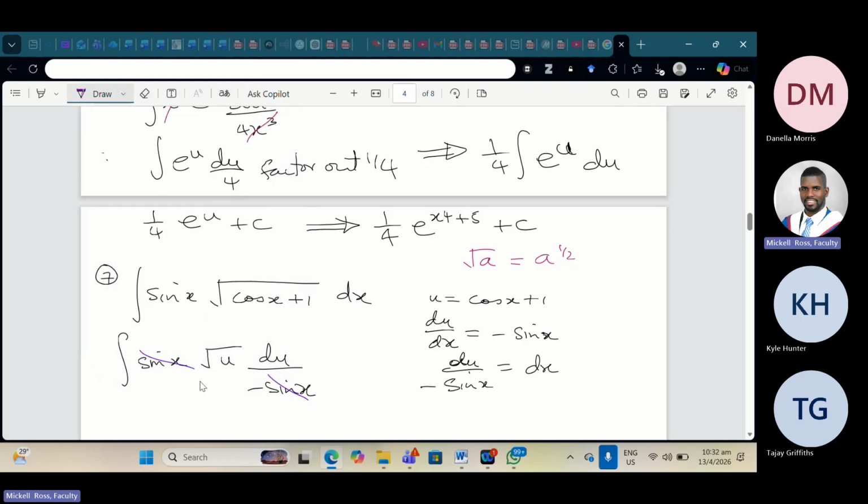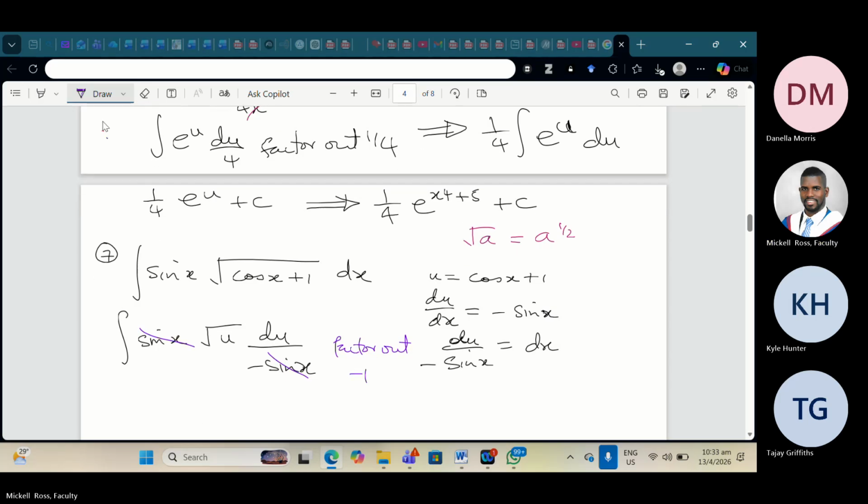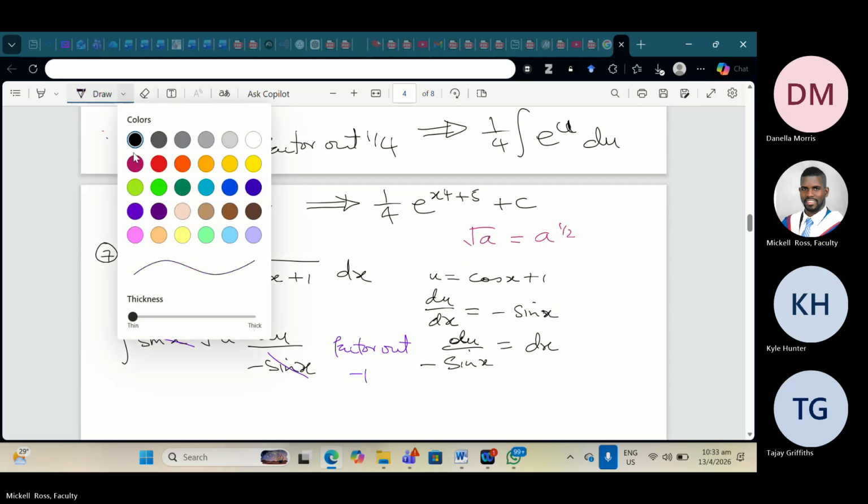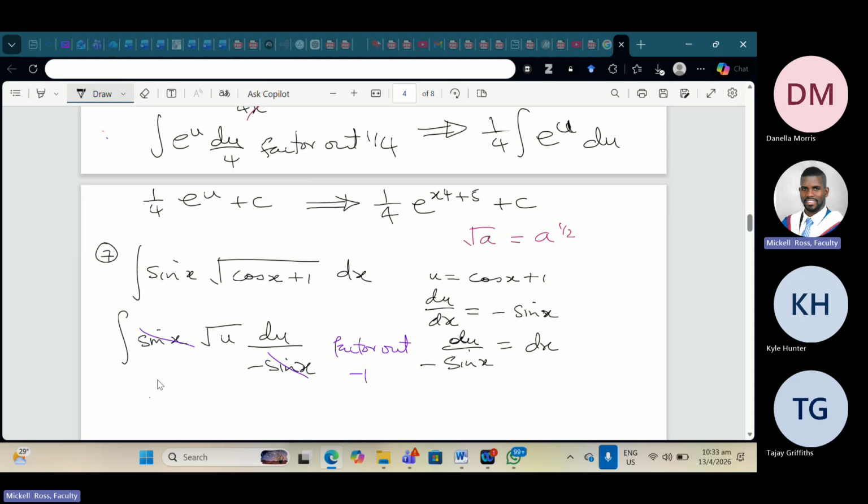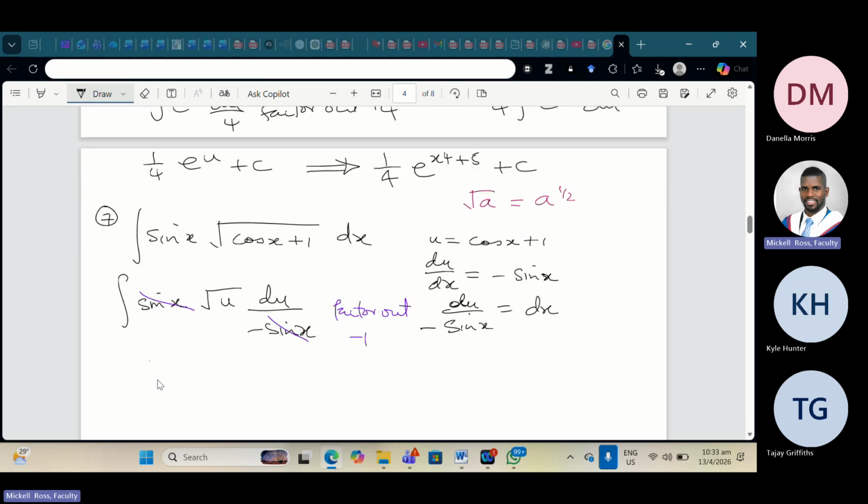This will cancel with this. One is in the numerator, one is in the denominator. So we're going to factor out negative 1 because you have the negative in the denominator. The negative doesn't cancel, you would have to be dividing it by another negative for it to cancel.